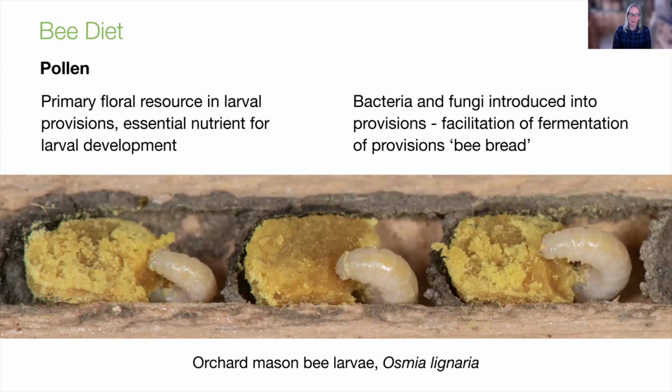Here's a picture of a cavity nesting bee. The female solitary bee, the orchard mason bee, has deposited a combination of pollen and nectar in each of these individual brood cells.